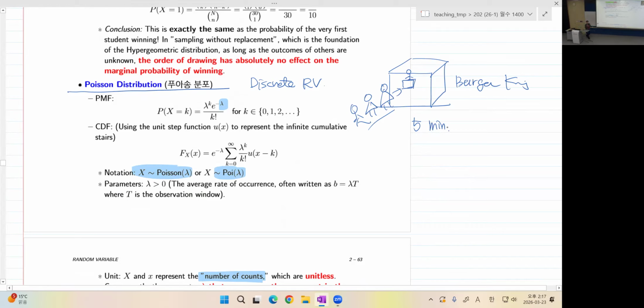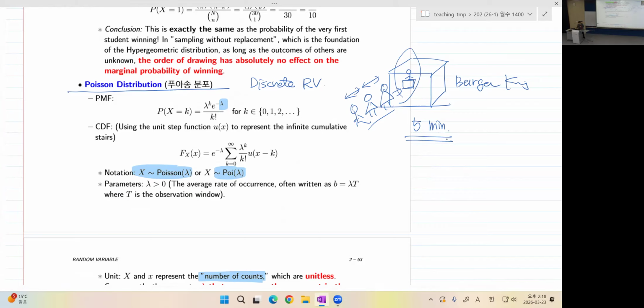An interesting thing is that if we model the inter-arrival time between these customers as independent, then suddenly your number of customers during the last 5 minutes follows a Poisson distribution. So the Poisson distribution and the continuous memoryless random variable are very, very closely, tightly related.